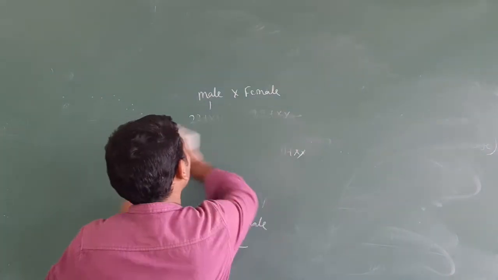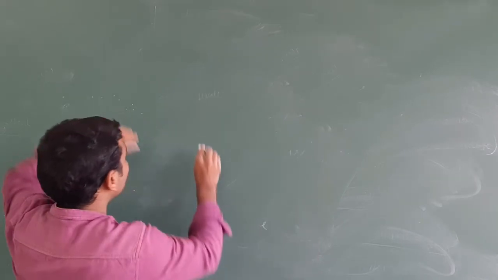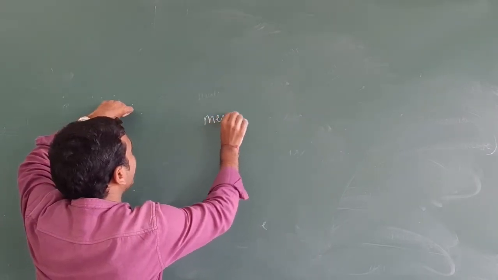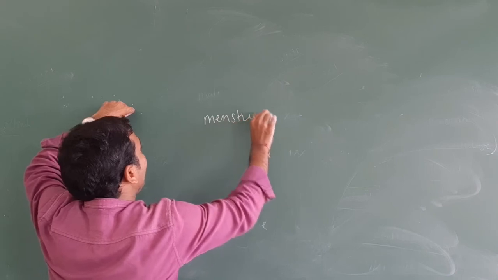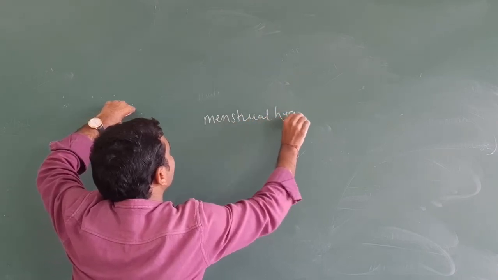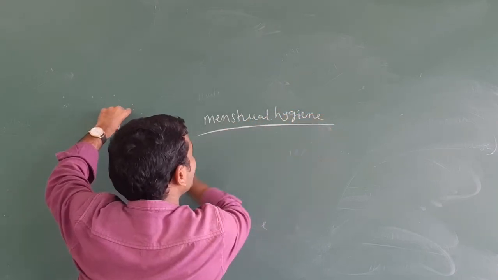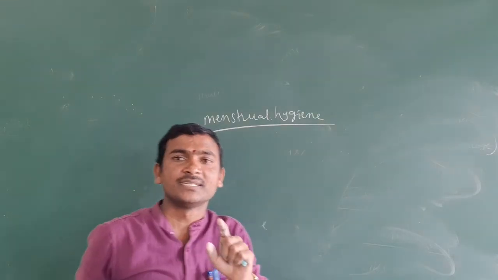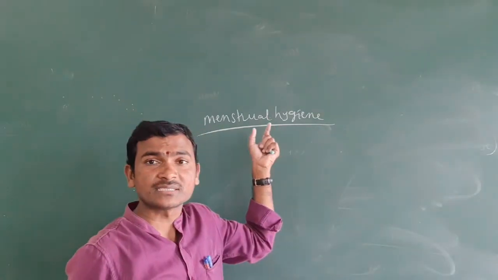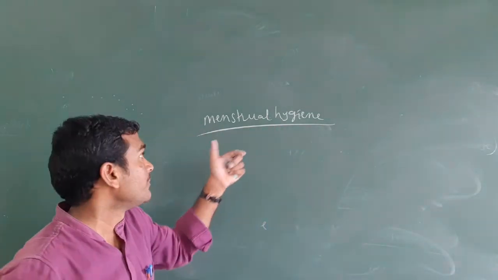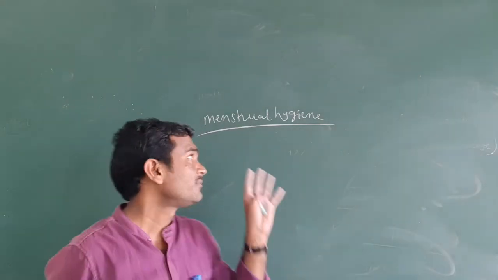But one thing I told you in the last class was about menstrual hygiene. Actually, I didn't explain this; menstrual hygiene is a separate topic, and very important. What is the meaning of menstrual hygiene?